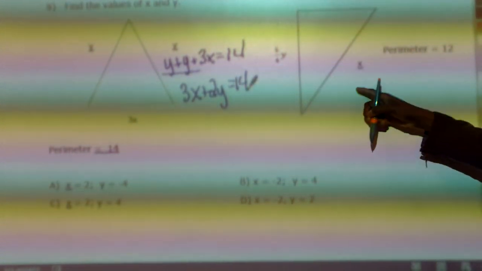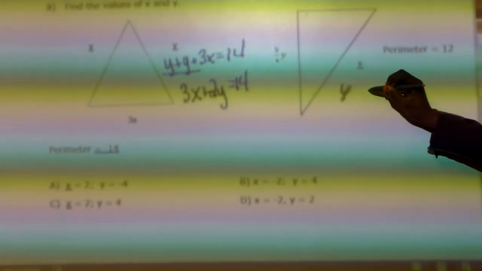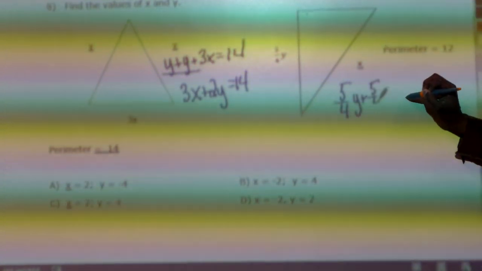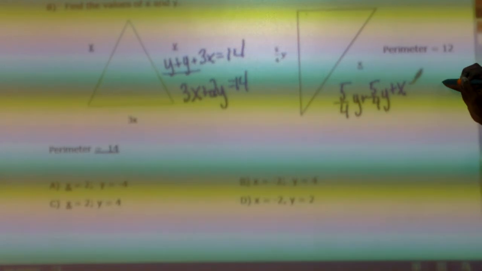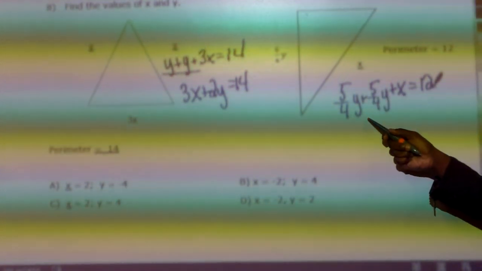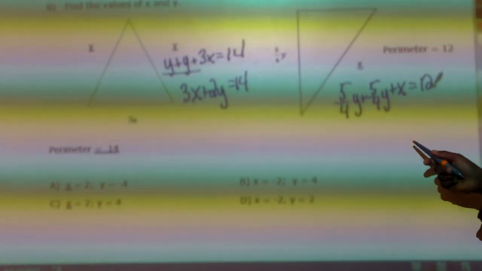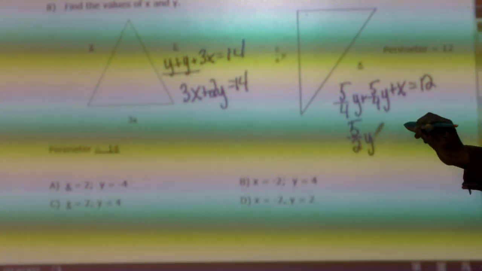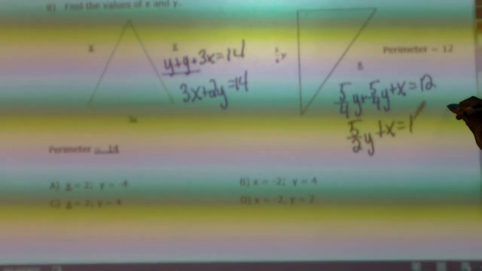On this one we add all sides, and that is 5/4 y plus 5/4 y plus x equals 12. 5 plus 5 is 10 over 4. 10 over 4 reduces to 5 over 2 y plus x equals 12.